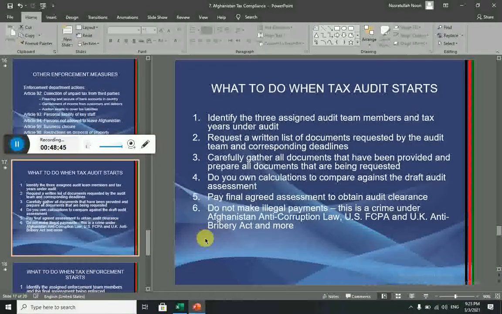Okay, what to do when tax audit starts? So I said that randomly within 5 years an entity is once introduced to the tax enforcement office. Basically, the tax audit department is the one who decides your final tax liability, right?